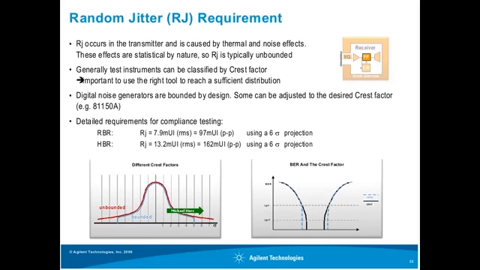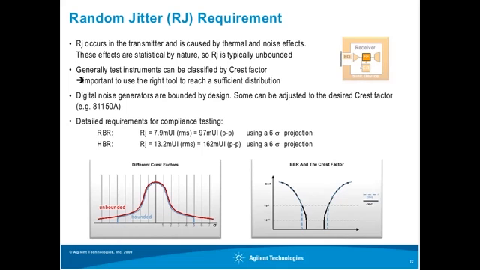So the requirement for compliance testing is to use a random jitter of 7.9 milliUI RMS, and the RMS value is actually, you could say, the 1 sigma value. So that's the value where you have the one here touching the Gauss, and then you have a peak-to-peak value for 6 sigma projection.